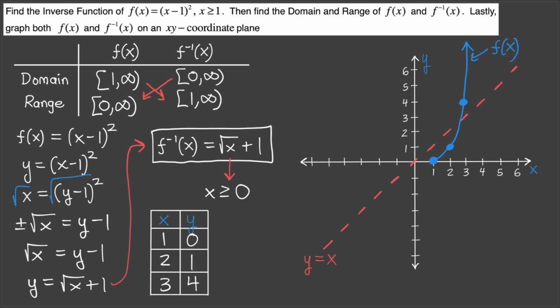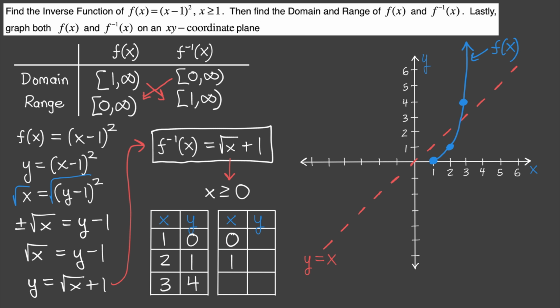Next, we'll graph f inverse of x. So here's the function for f inverse. So I'm going to bring up a chart here. So what's the first number we should plug in? Well, probably the first number that's defined in its domain, which is 0. So if we plug in 0, then I like to plug in perfect squares if possible. So 1 would be another good one, and then 4.